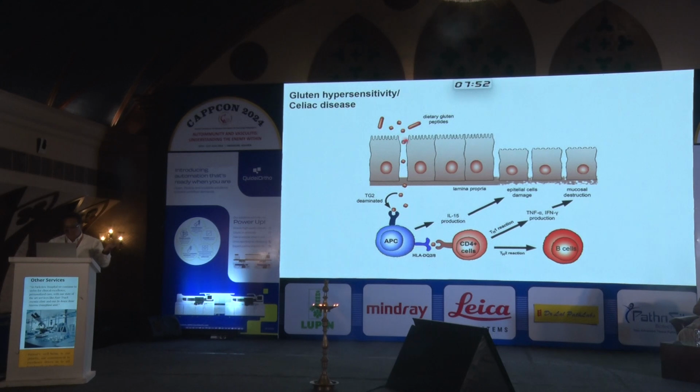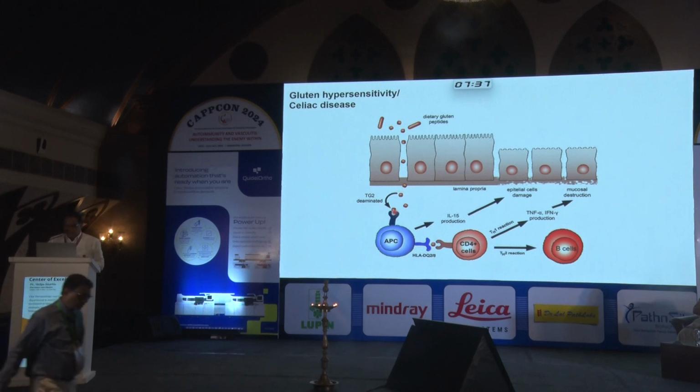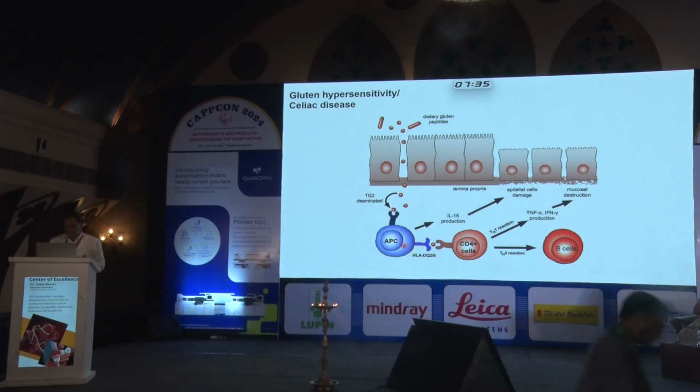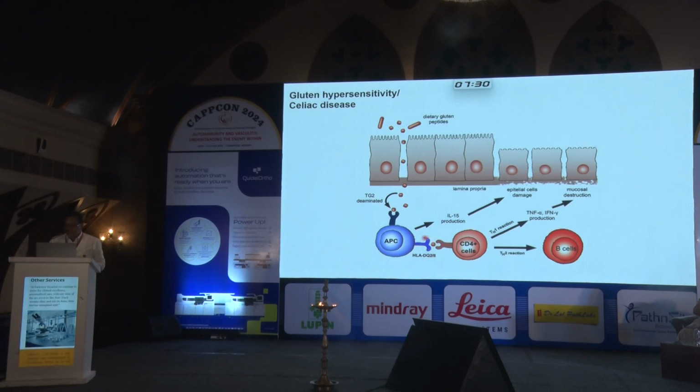When ingested, the TG2 enzyme, transglutaminase, deamidates these peptides, and they will be recognized by the antigen-presenting cells. If the individual has the HLA phenotype HLA DQ2, DQ8, these peptides will be presented to the CD4 cells, which will be activated. They will produce a lot of interferon gamma and TNF alpha, and that will lead to mucosal destruction.